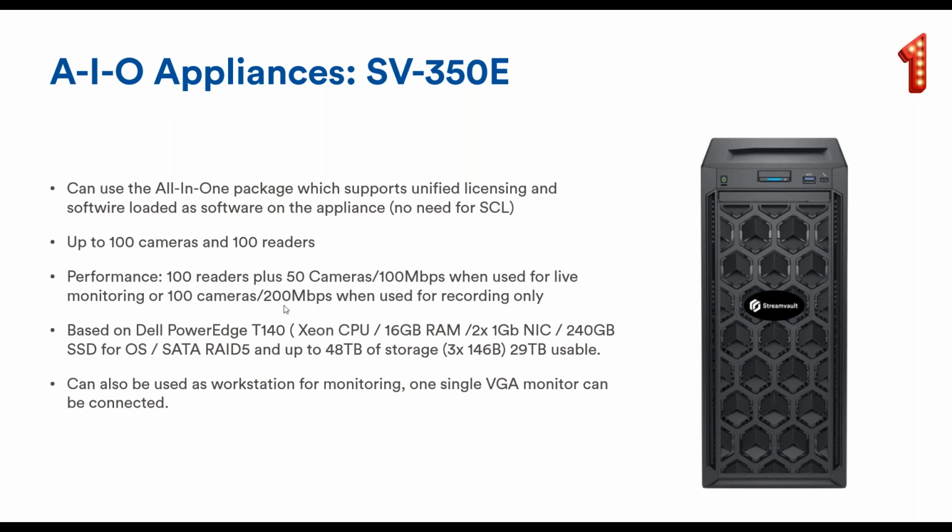Or again, using it as a remote archiver only, you can do 200 megabit per second. This one is based on Dell. The storage is RAID, so although we say 48 here, it's 29 terabytes usable only.